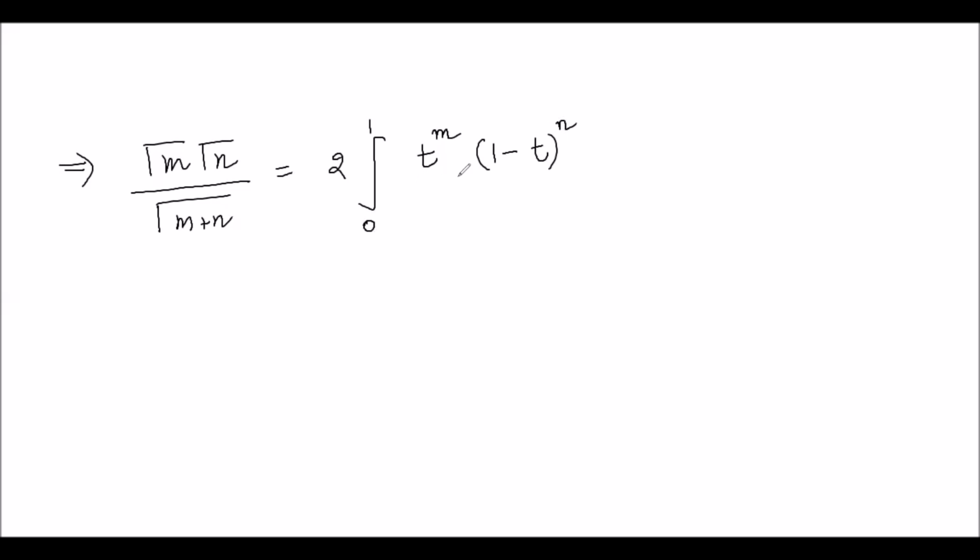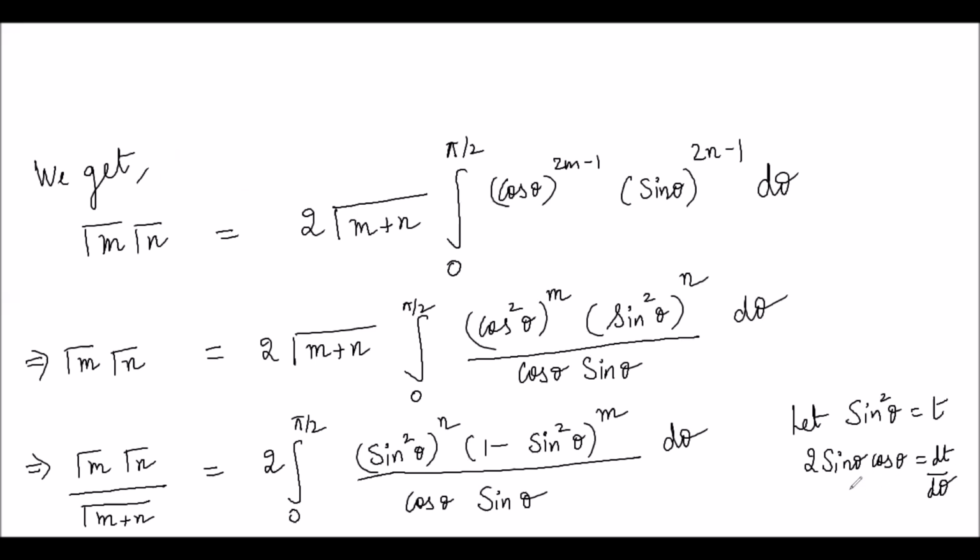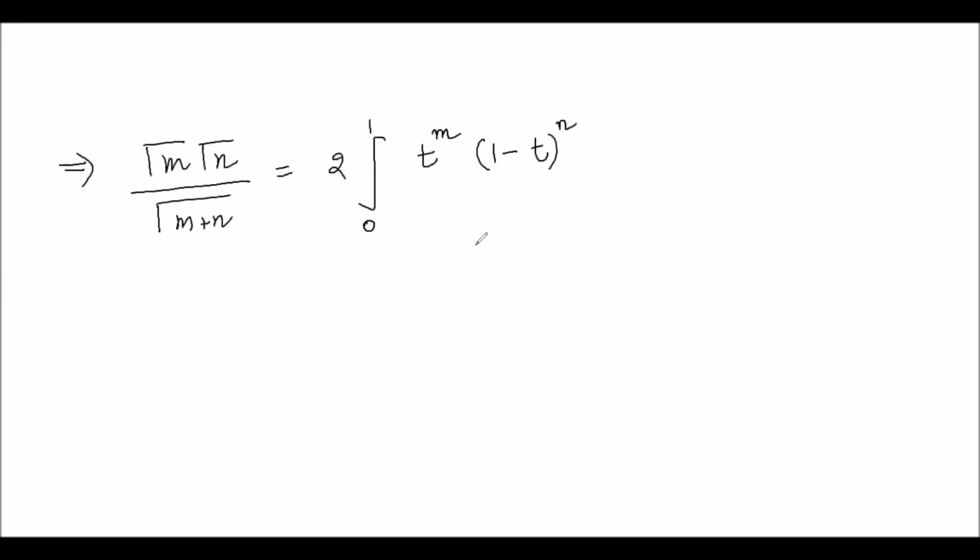Then here, d theta is dt upon 2 sin theta cos theta. So when we put d theta as dt upon 2 sin theta cos theta, it will become 2 sin square theta cos square theta. And when we convert it in t, it will become 2 times t, with cos square theta being 1 minus t, and this is dt.